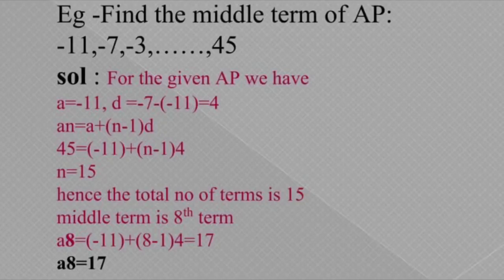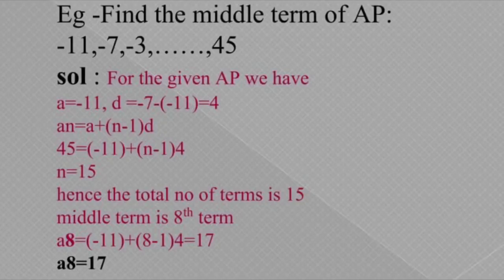It becomes 45 plus 11, which is 56. Now 56 is equals to n minus 1 into 4. Divide both sides by 4. So it becomes 56 upon 4 is 14. 14 is equals to n minus 1. Let us transpose 1 to the other side. So n is equals to 14 plus 1, which is 15. So the number of terms are 15.